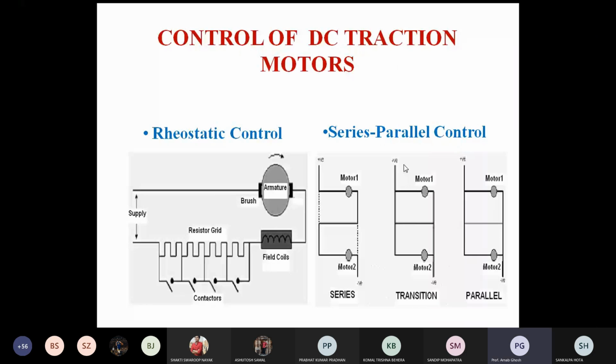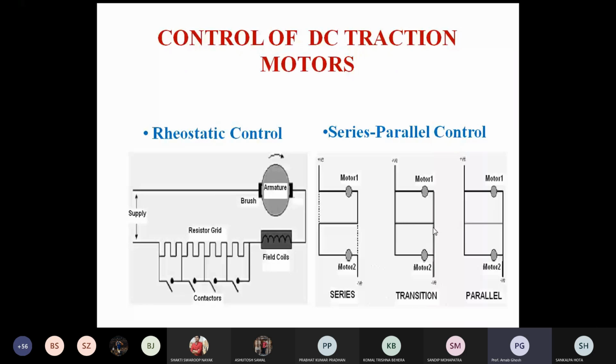Another one is the series configuration, parallel configuration, and transitions. Series to parallel configuration is called the transition. Normally we go for it for the tractive effort. If you see the speed-time characteristics of the motor, in the first interval you have to go for series or parallel, and gradually you have to change that.